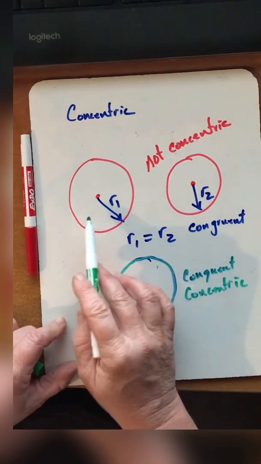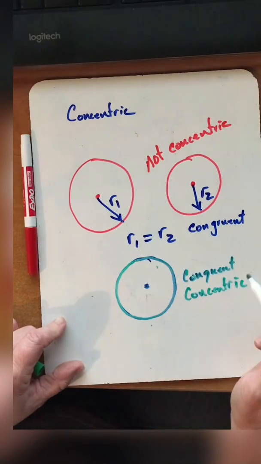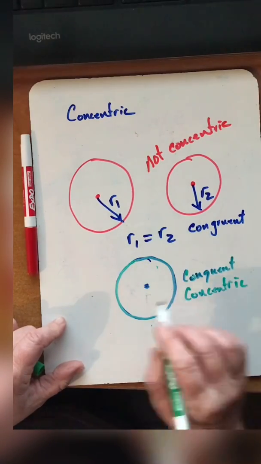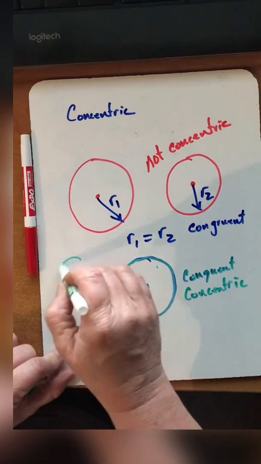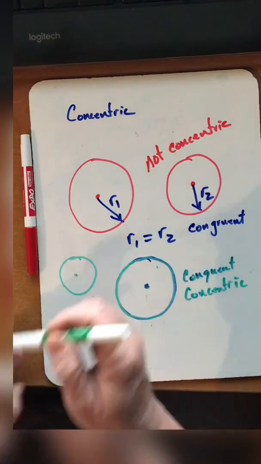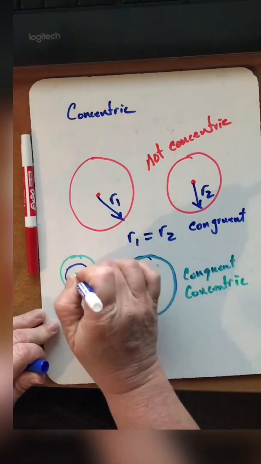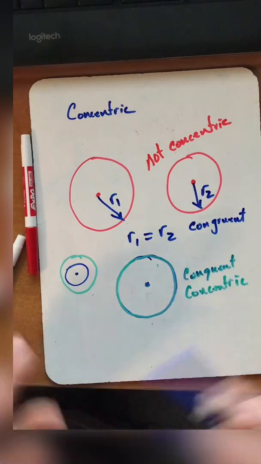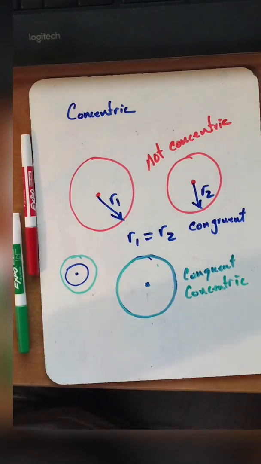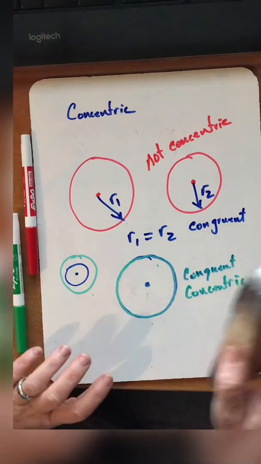Congruent, they have the radiuses equal each other, and then concentric, they share the same center. Concentric congruent, and congruent concentric.